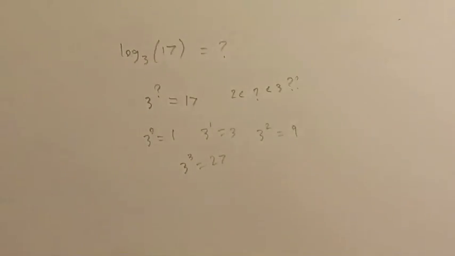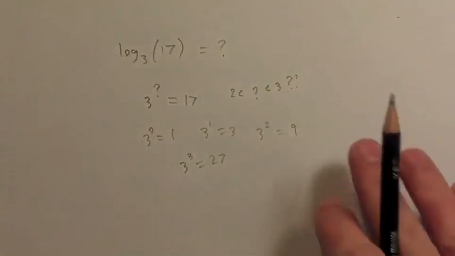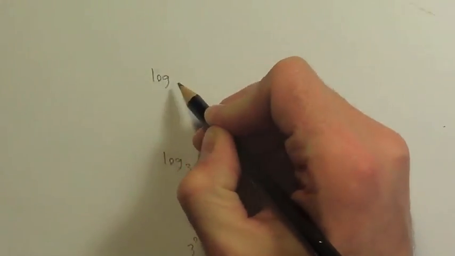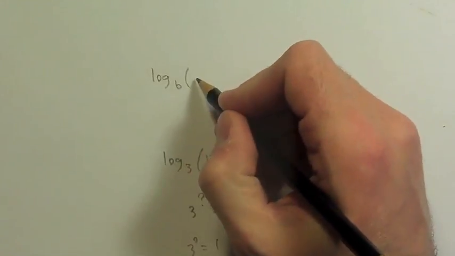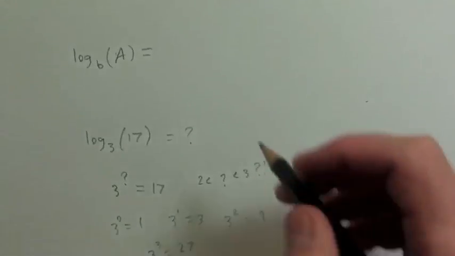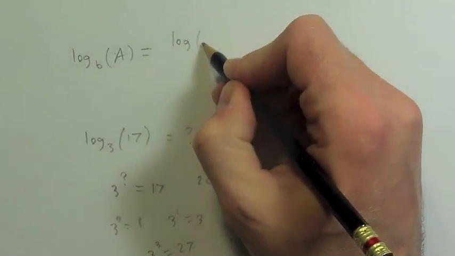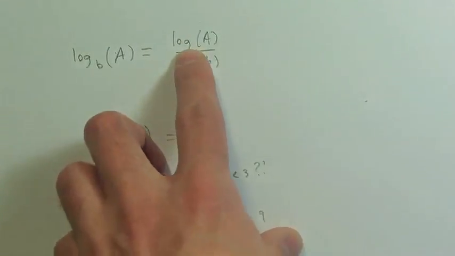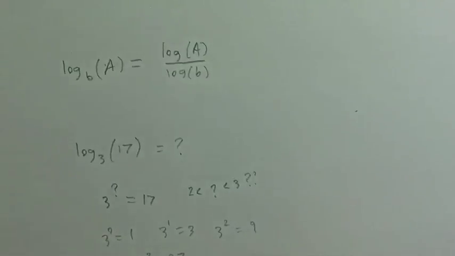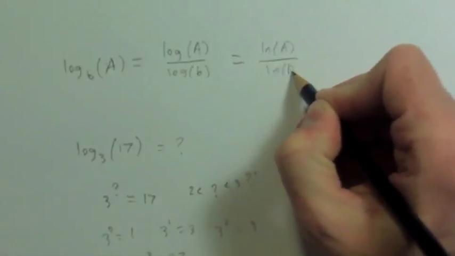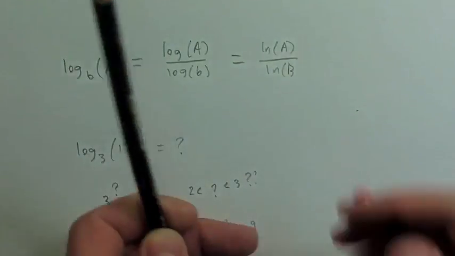It comes from this final property that we're going to look at, which is this: log base b of any value, say capital A, is the same as log of A over log of B, using our normal base 10. Or it's the same as natural log of A over natural log of B. Not capital B, lowercase b.